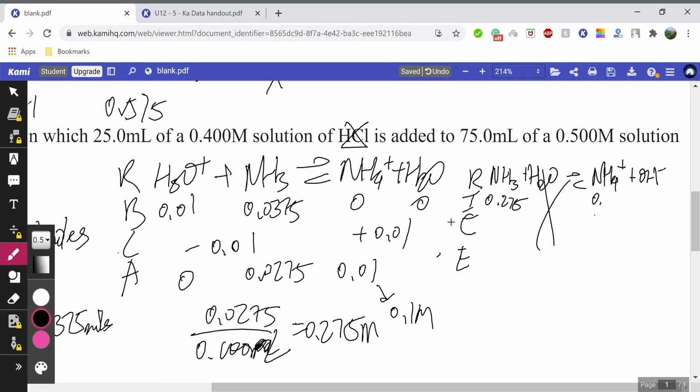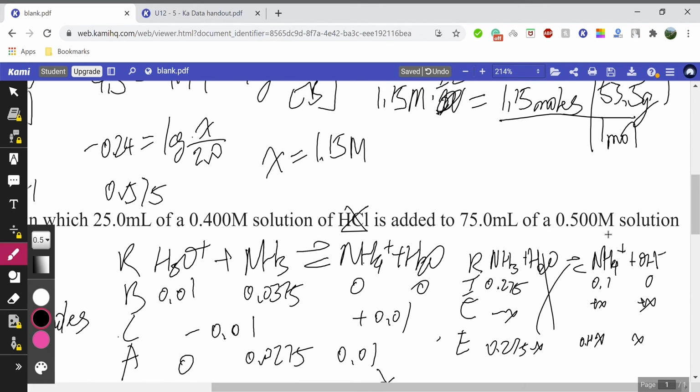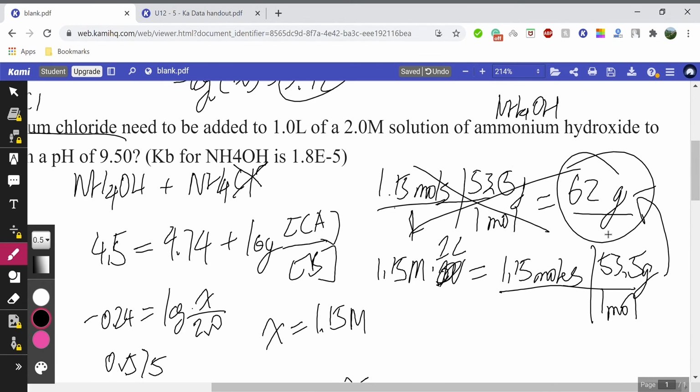NH4 we're going to use the 0.1. Now it's going to be minus X, plus X, plus X, giving 0.275 minus X, 0.1 plus X, and X over here. Now we're dealing with NH3, right? We're doing the Kb equation. So we're going to have to use the conjugate base Ka of NH4 plus and use a Kb of that up here, okay.